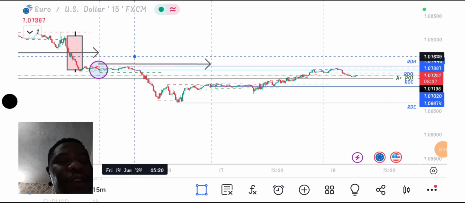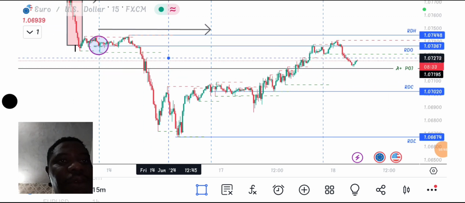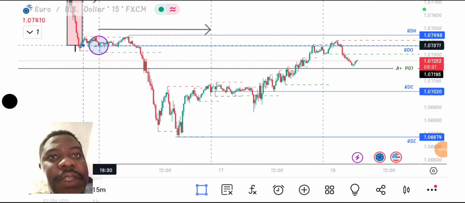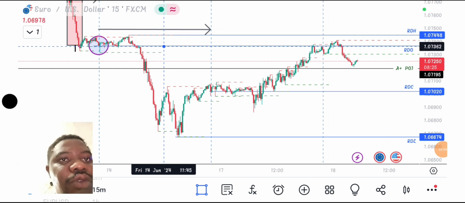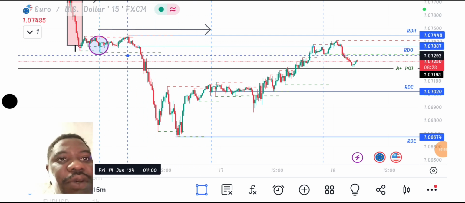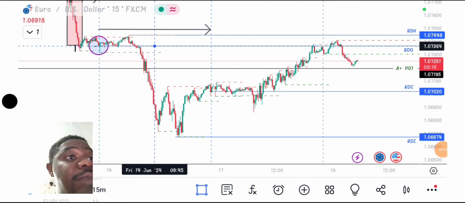So Friday now we have our recent daily open here, which is also in line with our recent daily close on Thursday. So you don't actually need any special points to start the rectangle from, just as far as it's rhyming with the recent daily open.